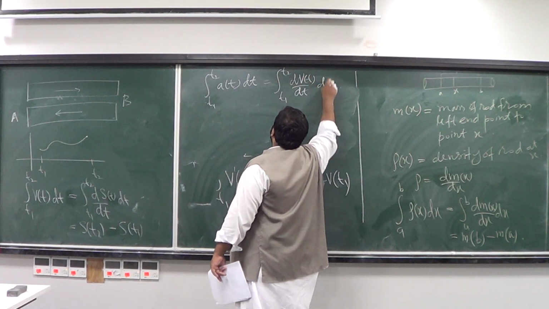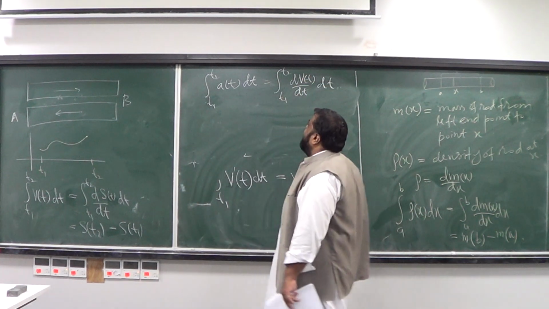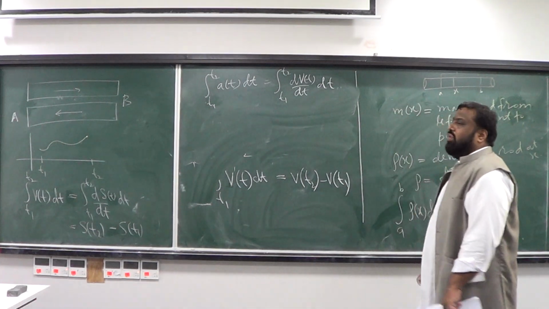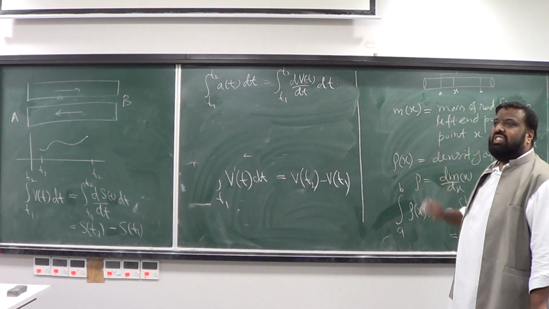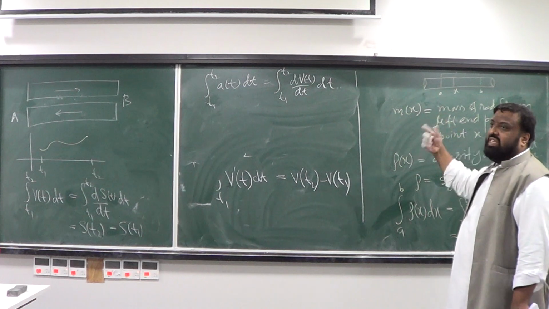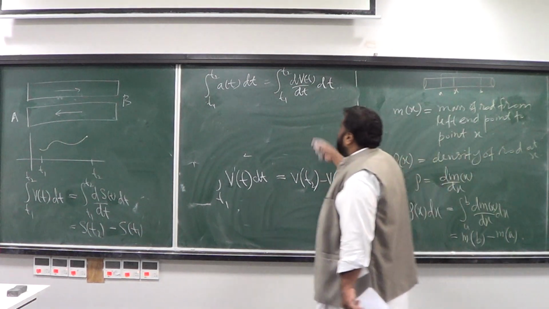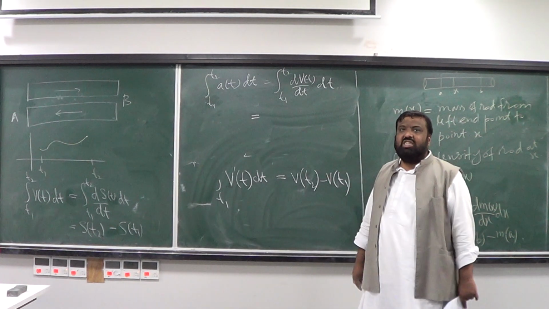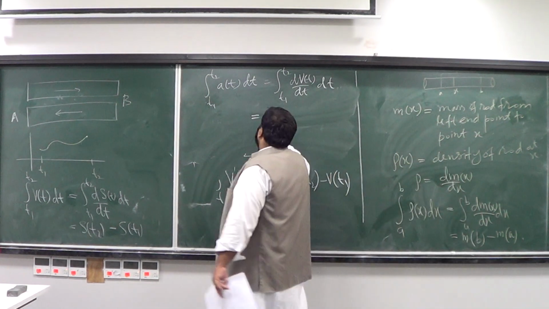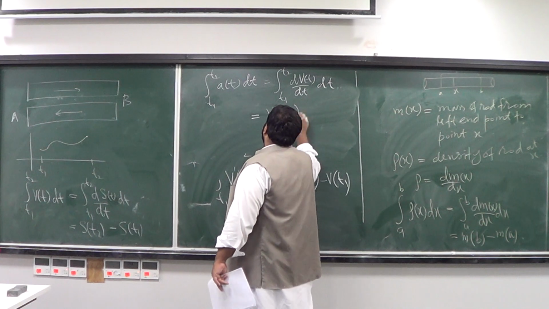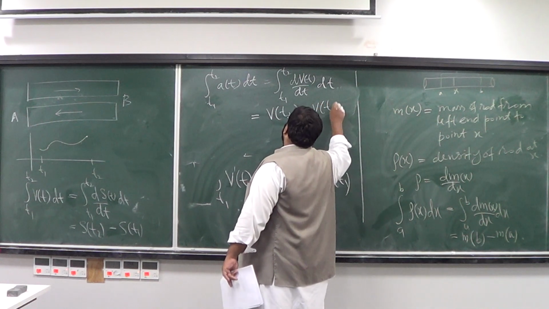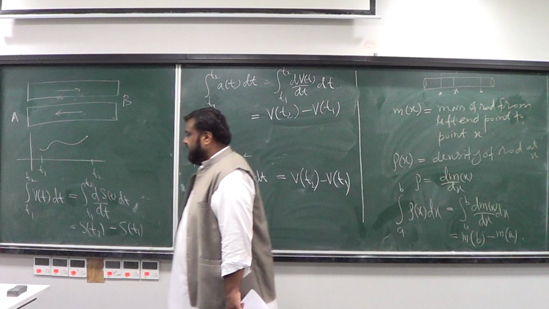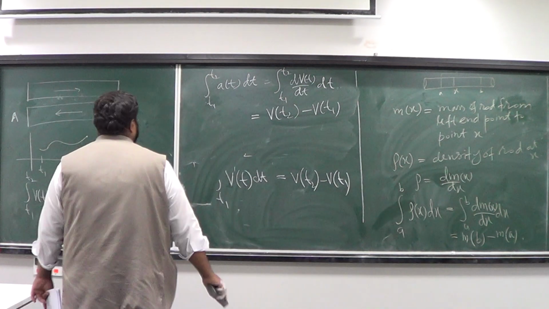So I'm basically asking, what is the sum of all tiny changes in the velocity between the instants t1 and t2? When you sum up all the tiny changes in velocity between t1 and t2, you get the net change in the velocity: v of t2 minus v of t1.